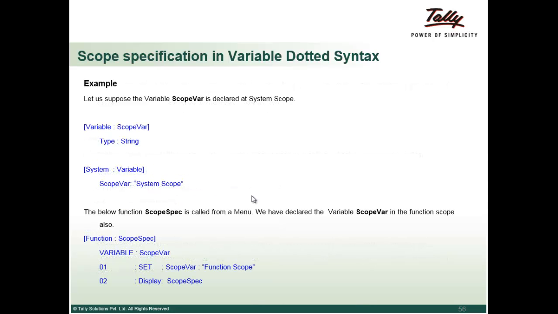So we have examples. Here is an example where there is a variable called scopeware, which is in the system scope, and this variable is also present in the function scope.